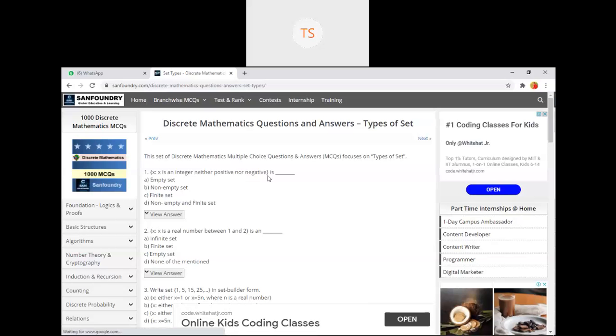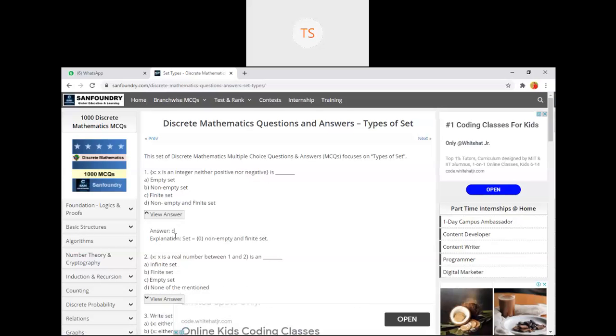So if a set contains 0, which is the correct option from A, B, C and D? Not the empty set, because you have one element, 0. So the correct option is finite set. Option D: non-empty and finite set.